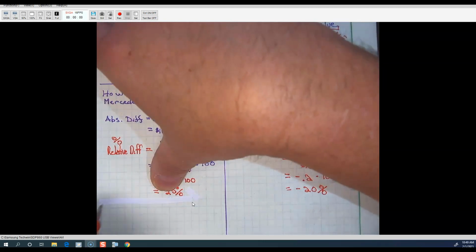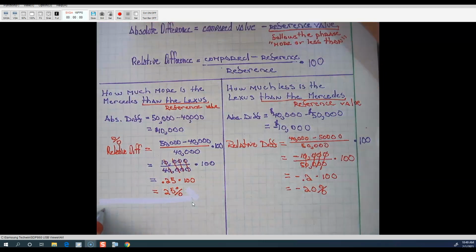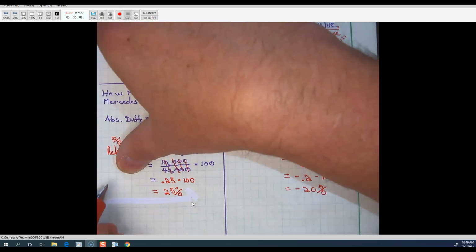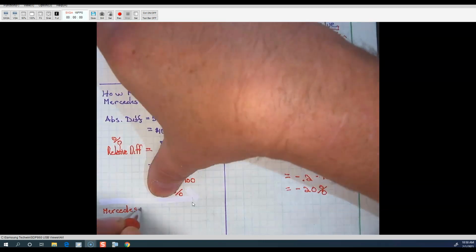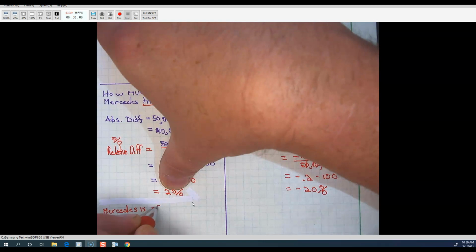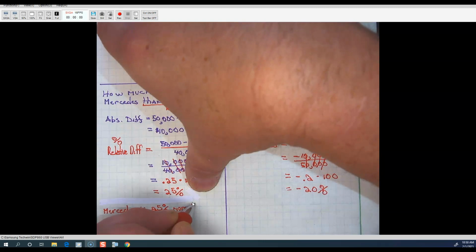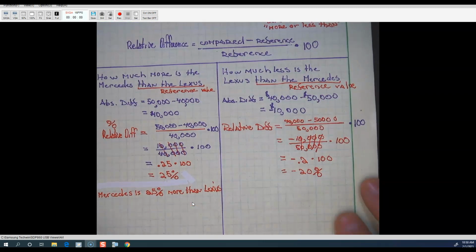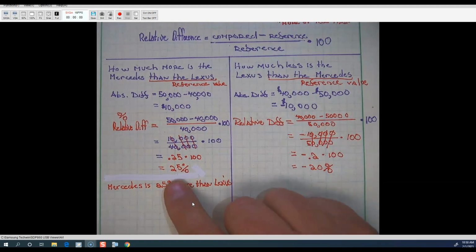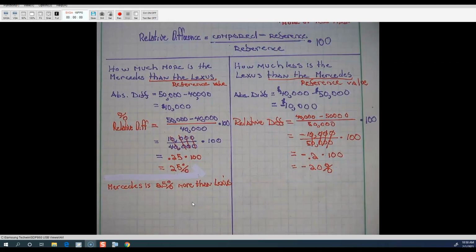I can take this 25% and I can say that the price of the Mercedes is 25% more than the Lexus. All right, that's one way that I could take and use that 25%.